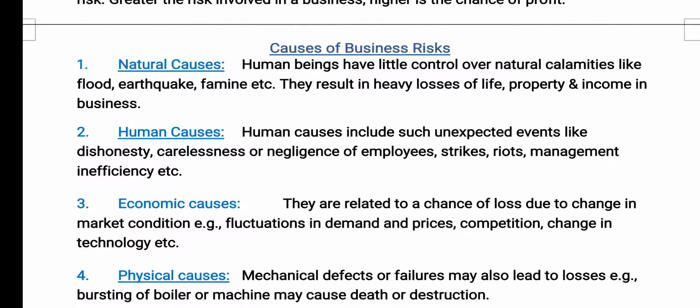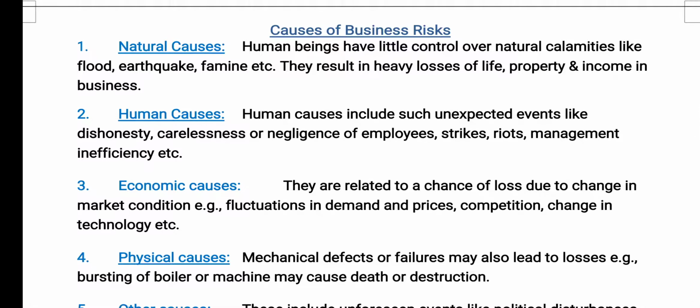Natural calamities like earthquake, floods, drought, etc. affect a business a lot and can result in heavy losses. So natural causes are such uncertain factors that human beings cannot make any preparation against. This is the one main big cause, which says that we can't fight with nature. You can't make any preparation, any plan for these natural causes which lead to a loss.